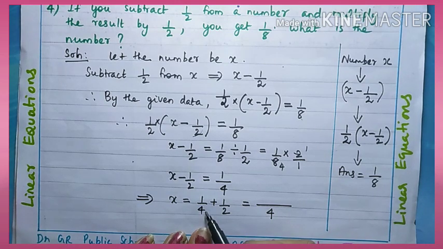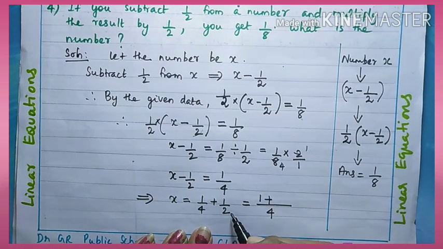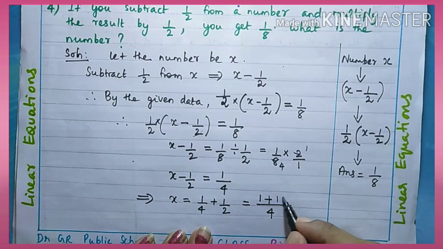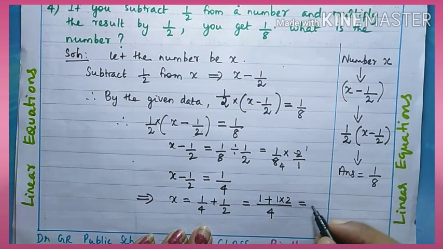Okay. So first denominator it is 4. So numerator no change. Plus second denominator 2 into 2 is 4. So numerator multiply by 2. 1 into 2. So what is the final answer? 1 plus 1 into 2 is 2. So 1 plus 2 is 3. So 3 by 4.